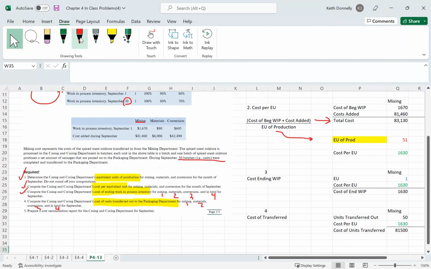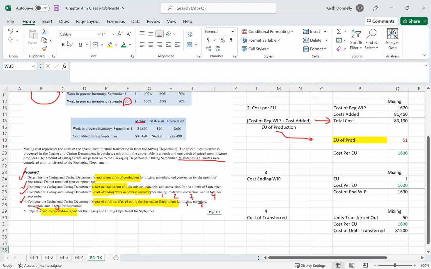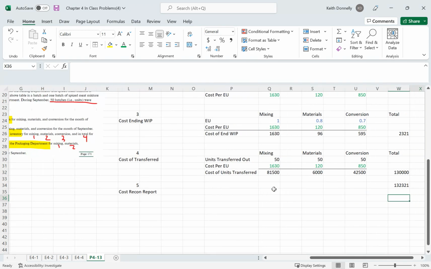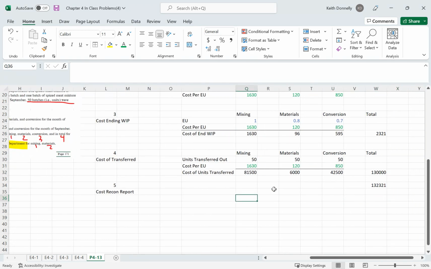So 4 we did. Let's put a check mark there. 5, it says, can you please prepare a cost reconciliation report? Now, when you're doing a cost reconciliation report, the point of it is a reconciliation.